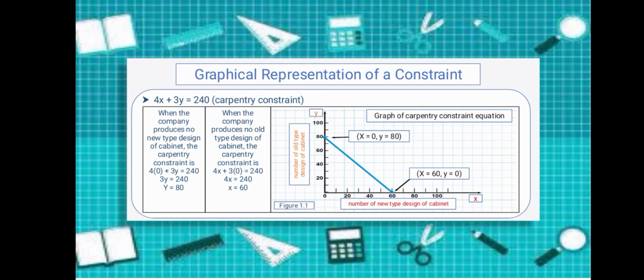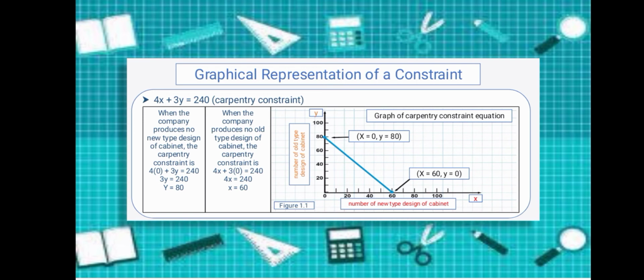So we have y is equal to 80, and when the company produces no old type, so basically our y is 0, so 4x plus 3 times 0 is equal to 240. So 4x plus 0 is equal to 240. So x is equal to 60.